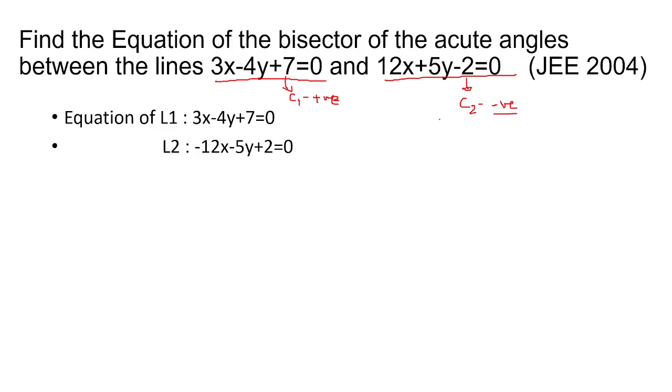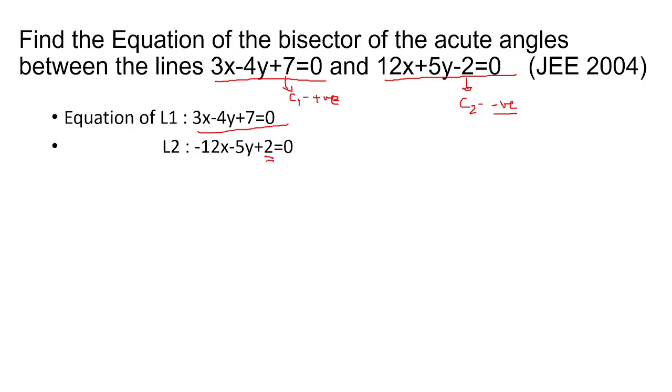So what we have to do here is make C2 also positive. So the first equation we have taken as it is, and the second equation we have multiplied with the negative sign. So the equation of L2 is now minus 12x minus 5y plus 2. Now this C2 is also positive.